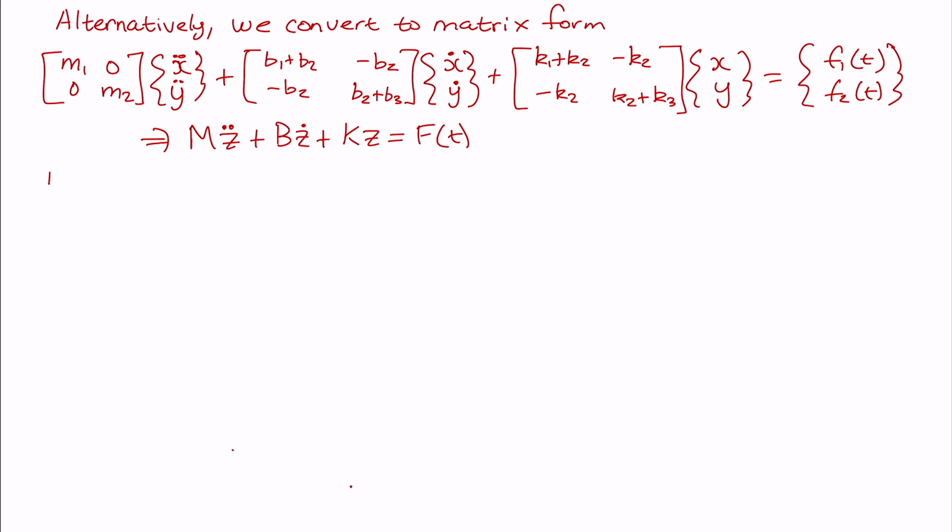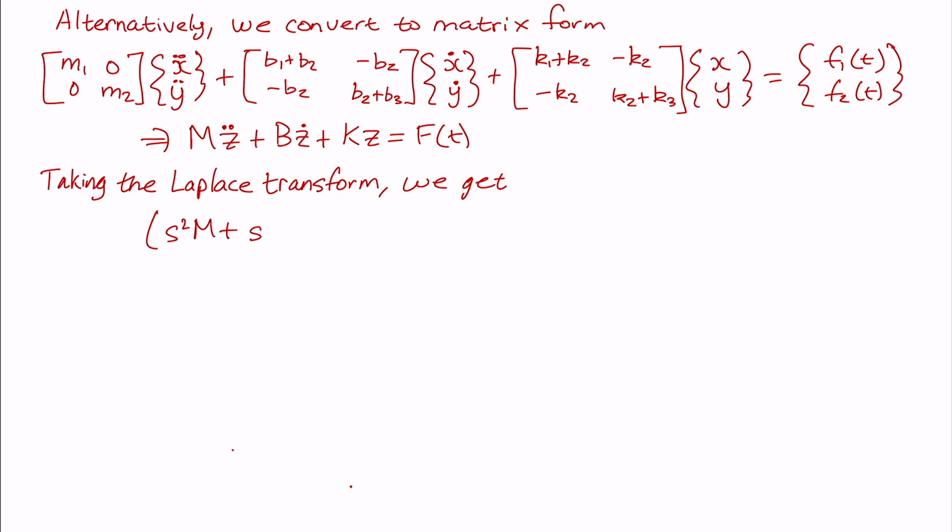Once again, take a Laplace transform of this. In doing so, we're going to get that the quantity s squared times m plus s b plus k, all of that times big Z of s, is equal to big F of s.